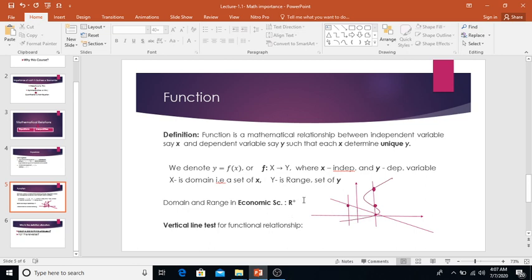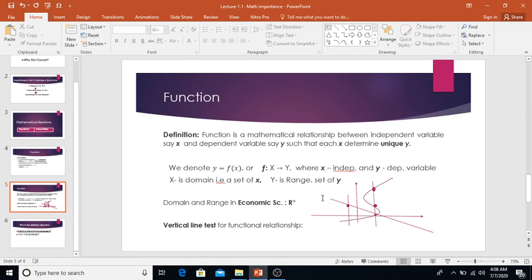But in economic sciences, domain and range usually we take positive from 0 to infinity, except a few functions, like if this is profit function, in that case profit may be negative. But except few functions, mostly natural domain of economic functions we will consider R plus, that is all positive real numbers.